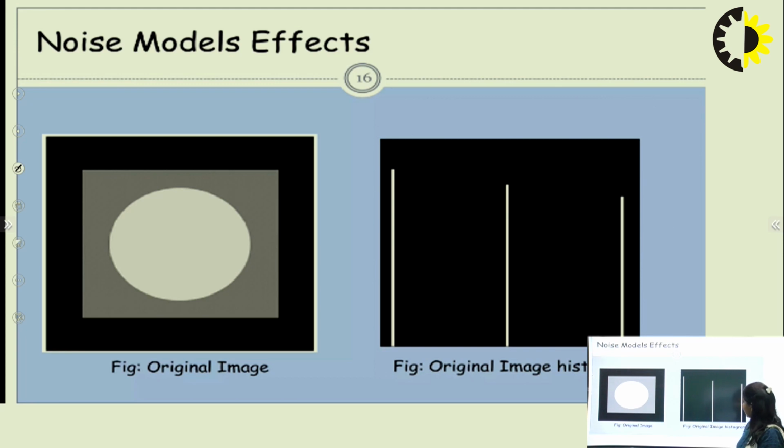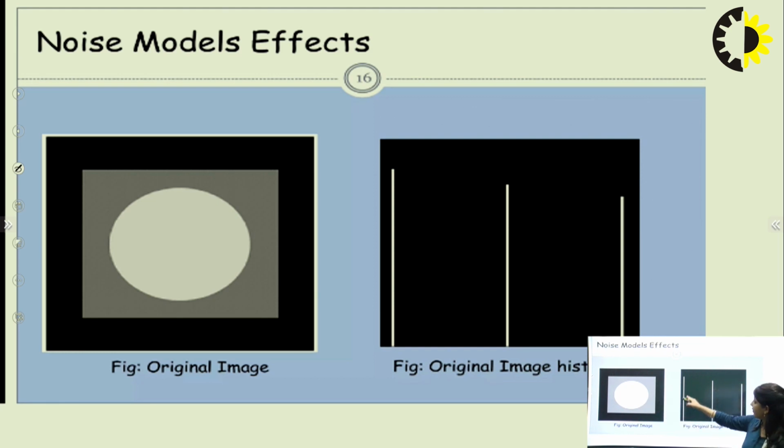And this is the effect of the noise model. This is the original image, and we are getting a noisy or degraded image. This is the histogram of the original image. If I plot the histogram of this image, there are three different levels: white, gray, and black.